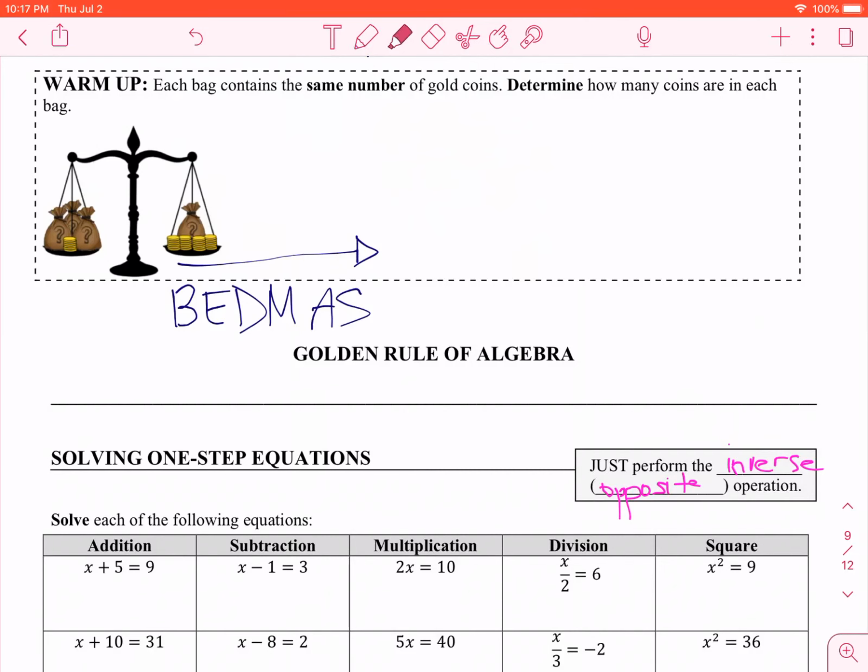In algebra, we actually don't follow BEDMAS, but for one and two step equations, we do backwards. So instead of it being BEDMAS, we work through something called SAMDEB.